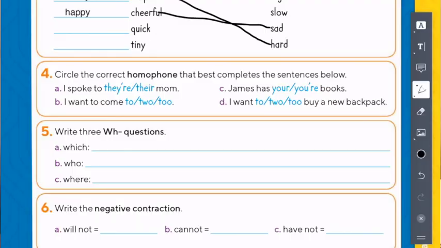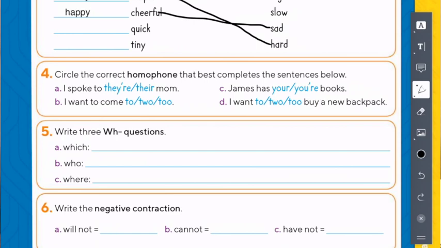4. Circle the correct homophone that best completes the sentence below. Okay? Remember, homophone words sound the same but are written differently. Okay? For example, number 1, letter A, sorry.